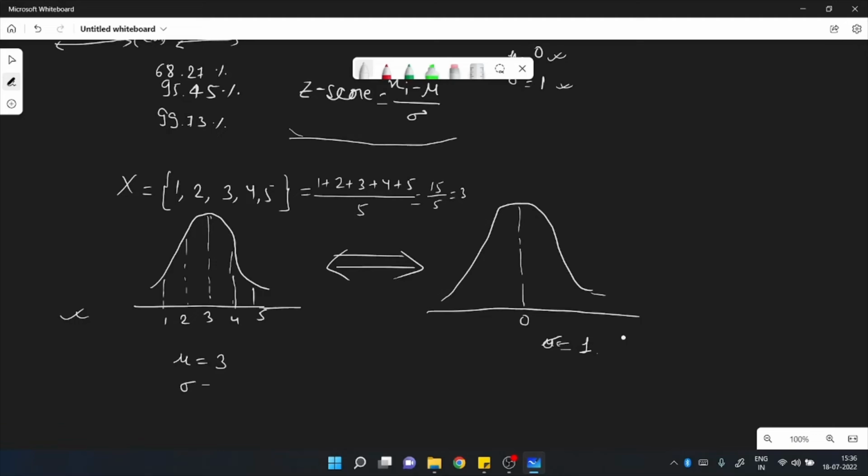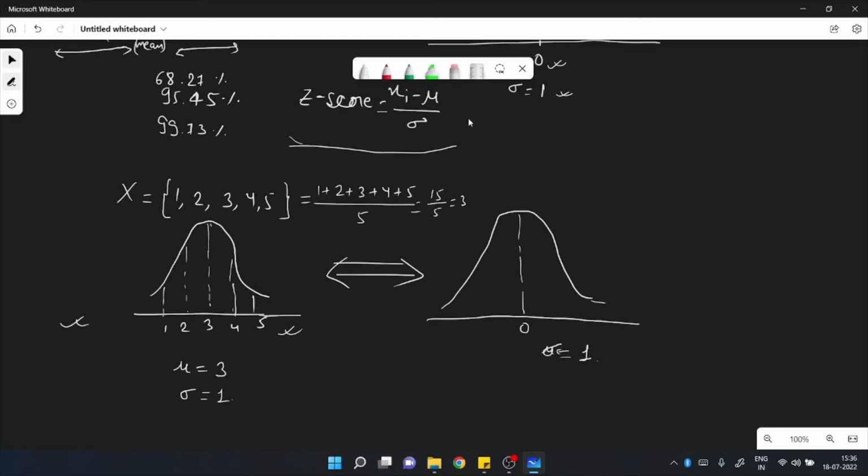Now standard deviation. Let's suppose for the time being I am considering this standard deviation as 1. Okay, now let us apply this z-score formula to this particular distribution and convert it. So I'll be taking the first data point, that is 1. What does our z-score formula say?